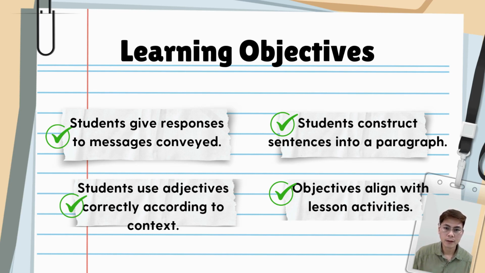Thirdly, students will be able to use adjectives correctly according to context, such as adjectives related to size or shape. For instance, students may say rumah itu besar or bola itu kecil.